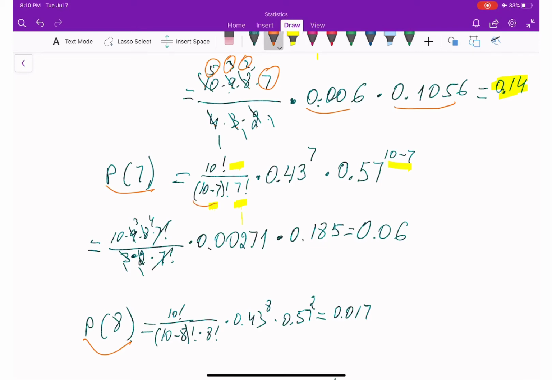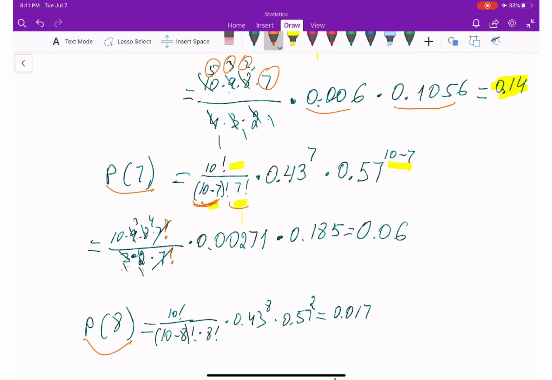Obviously on the top I'm going to open till 7 factorial, so I can cancel the 7 factorial, and this 3 factorial from here I'm opening 3 times 2. I just dropped 1. I didn't put 3 times 2 times 1. Okay, so 7 factorial is gone with 7 factorial, and 3 canceled with 9, 2 canceled with 8.